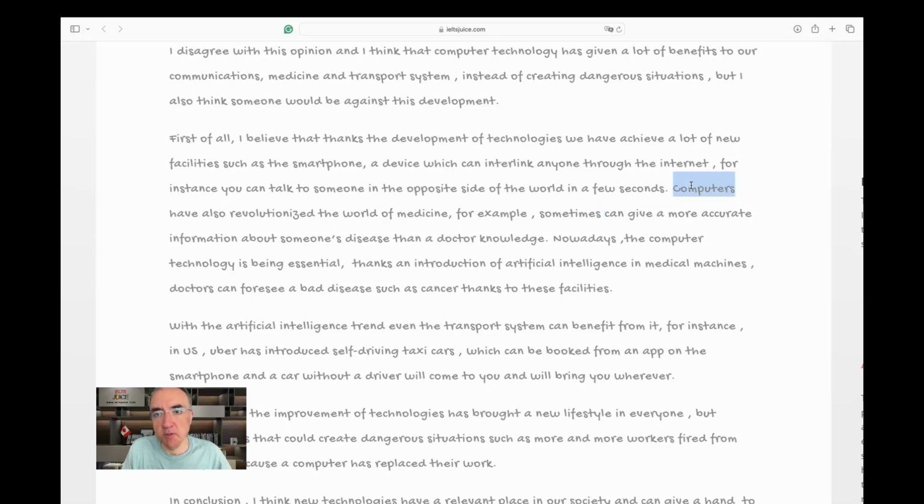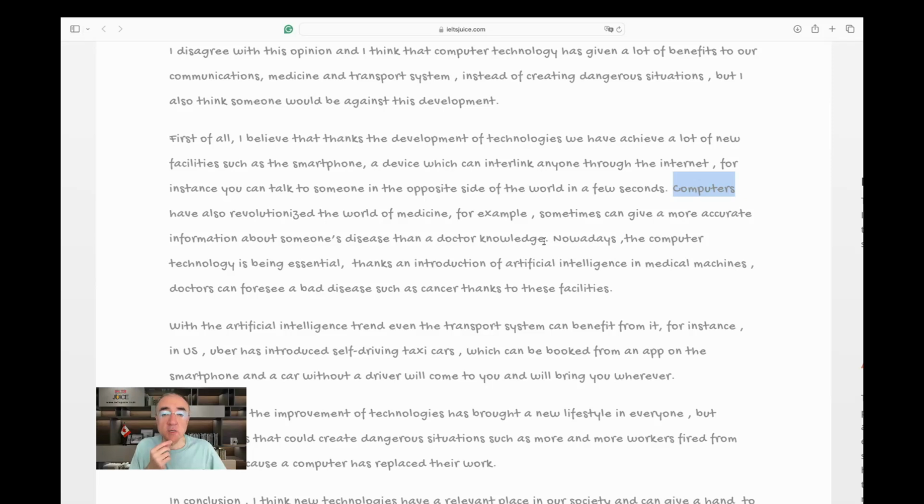Again, maybe computers, right? So for example, they, which refers to computers, sometimes can give a more accurate information. And it should be they can sometimes give a more accurate information about someone's disease than a doctor's knowledge. Are you sure you want to compare computer with a doctor's knowledge?